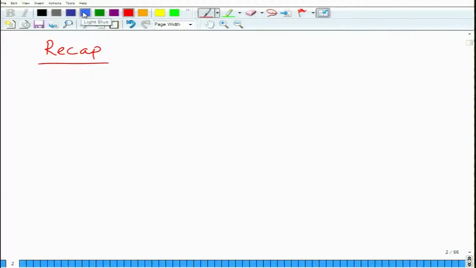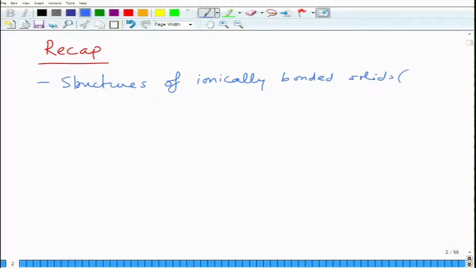In the previous few lectures, we discussed structures of ionically bonded solids, which are also basically ceramics. Many of them turn out to be oxides, but there are other materials like carbides, fluorides, halides, and so on.